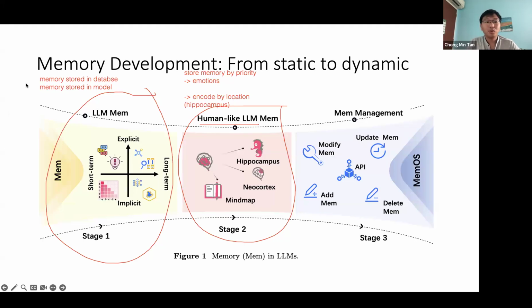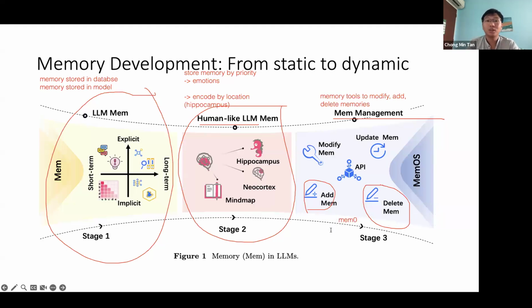Then we also can learn that this is not really how the human brain would do it, but we can add tools to do memory management. So you add memory tools to modify, add, or delete memories. This is the next stage where you are not just a static database, you have a dynamic database that you can retrieve, modify, and update. A good example of this is Mem0.